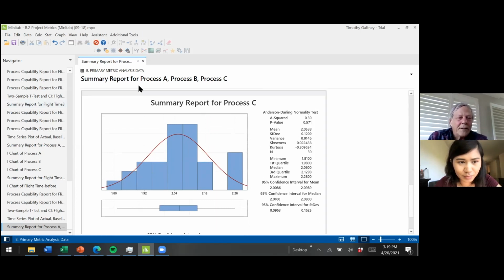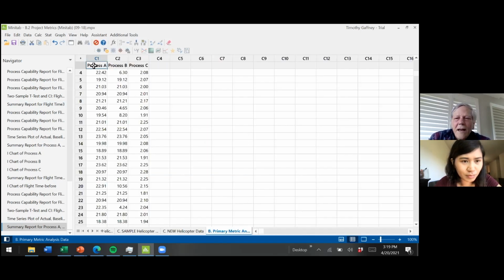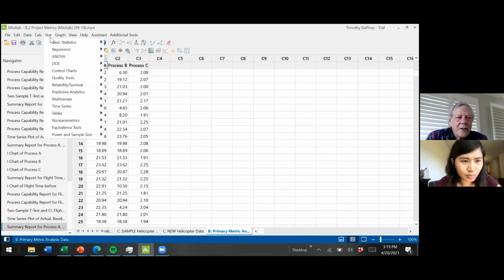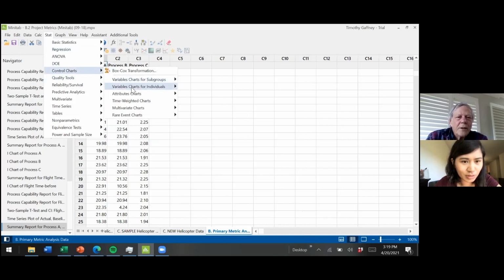So now let's go back to the data. For process A, we want to find out if it's stable or not. In order to find out if the process is stable, you go to Stat, Control Charts, Variable Charts for Individuals, and then Individuals, because we have individual data points.